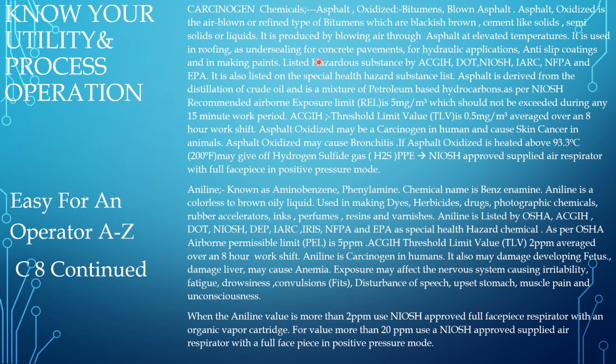So when you are working in a construction field or in chemical industries for dyes and photographic chemicals, you have to be very careful. When working in a leaky area or with exposure at these levels, you have to use this PPE.